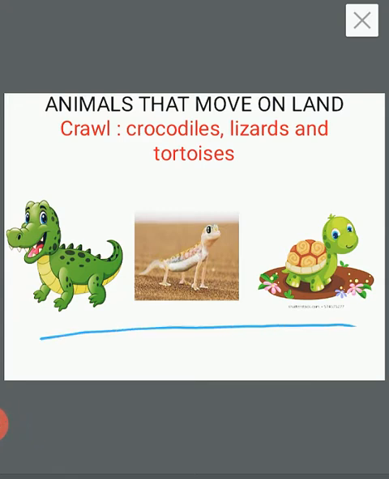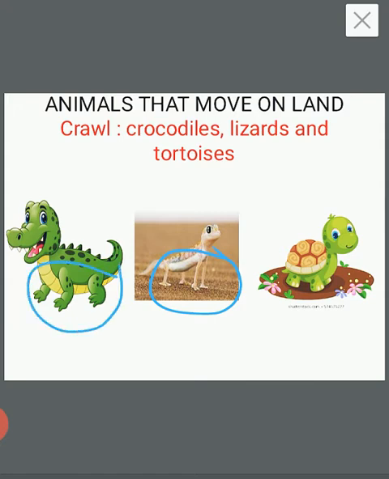Alright, the next category we have over here is this one. As you can see, the crocodiles, lizards and tortoises. These animals use their four short legs to crawl. As you can see, children, their legs are very small in size. They are not like the animals that come in the category of good runners.